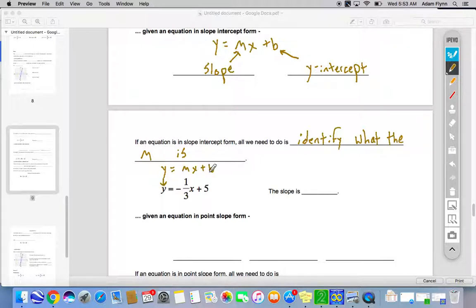So there's my y, there's my x, there's my b. So this negative 1 over 3 must be my m. So the slope is negative 1 over 3. I can't reduce negative 1 over 3, so I'll just leave it like that. Okay, pause the video if you need more time.